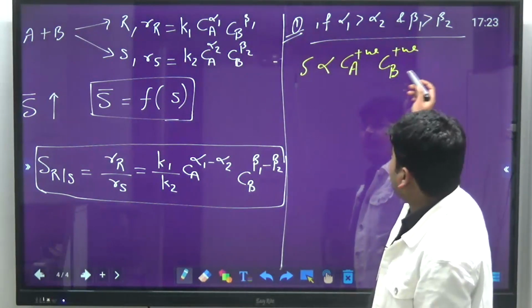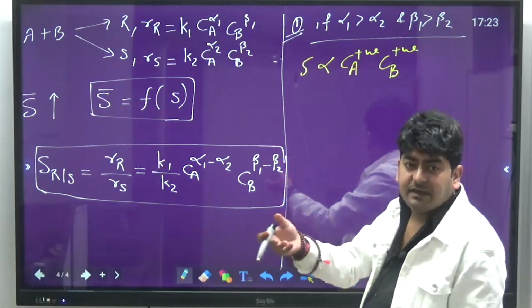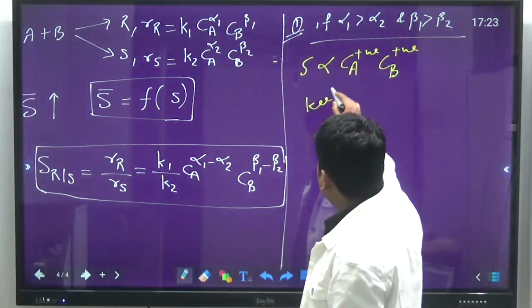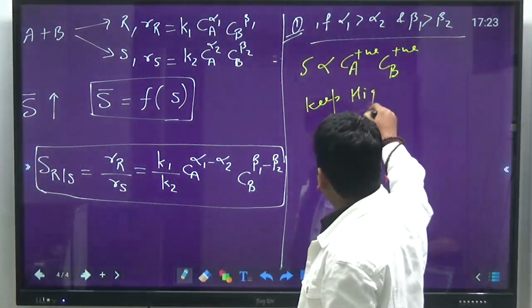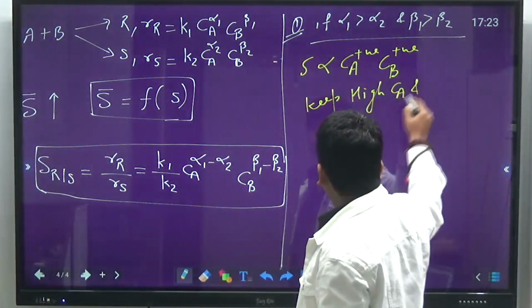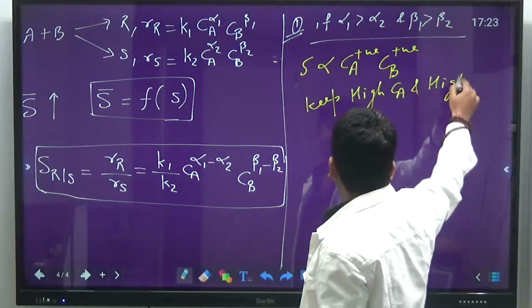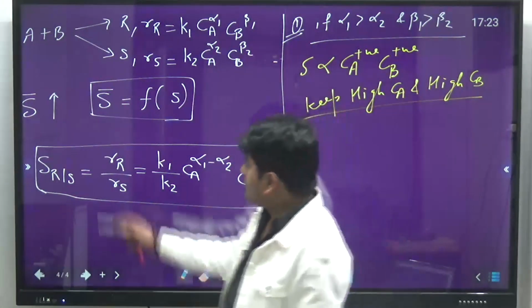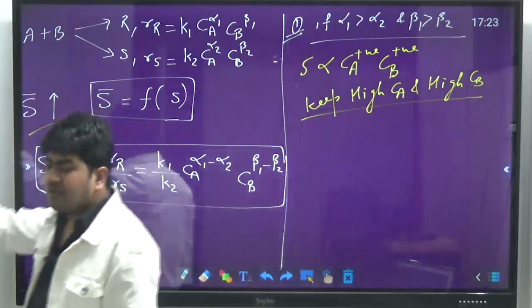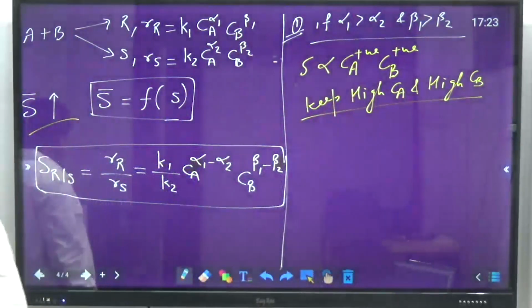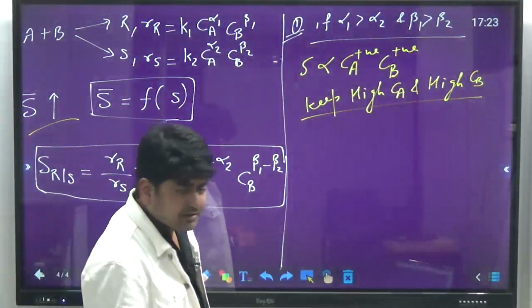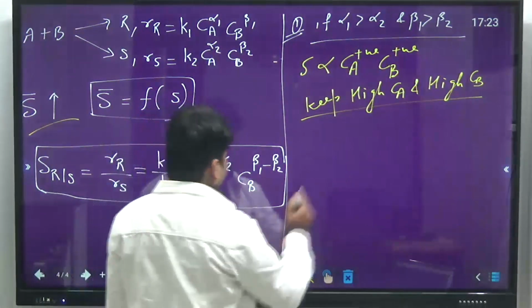For Cb, the power will be positive here. So it means if I increase Ca, S will increase. So I will keep high Ca and high Cb for higher selectivity, so that overall selectivity can be high, so that the amount of desired product formed can be higher. Okay, I hope that is clear.